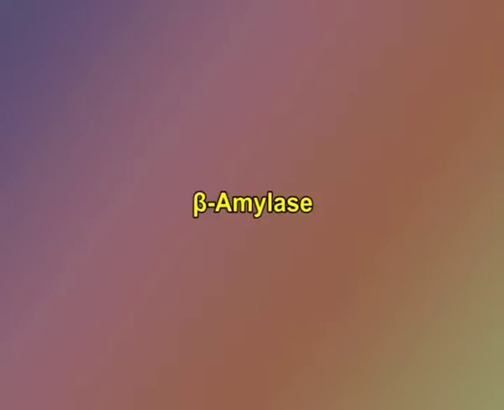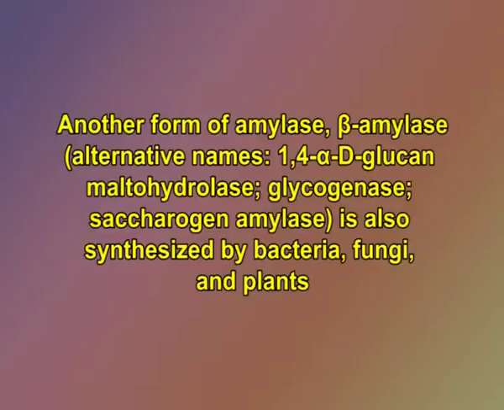Beta amylase. Another form of amylase, beta amylase, its alternative name is 1,4-alpha D-glucan maltohydrolase or glycogenase, saccharogen amylase, etc., is also synthesized by bacteria, fungi and plants.